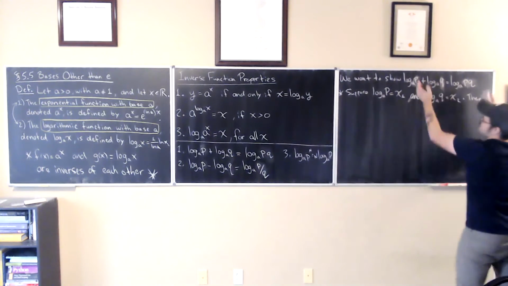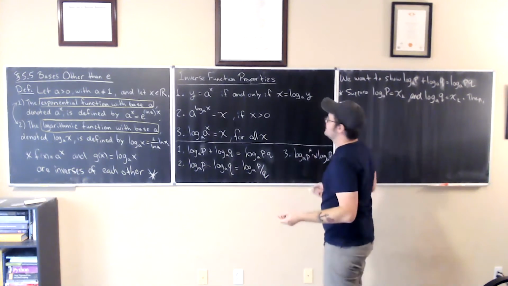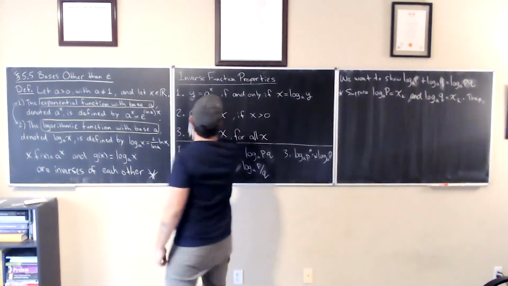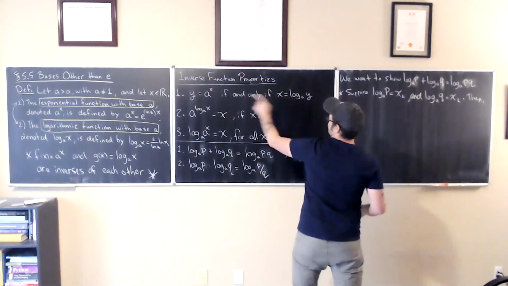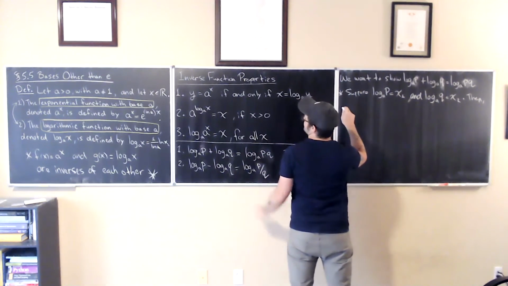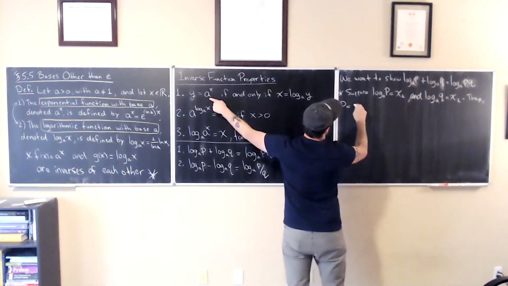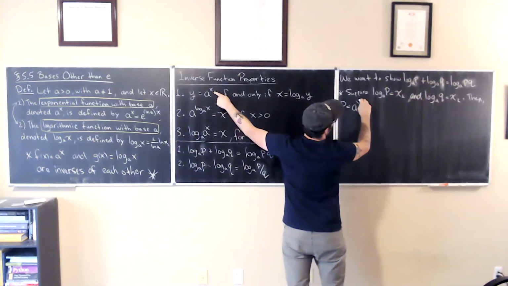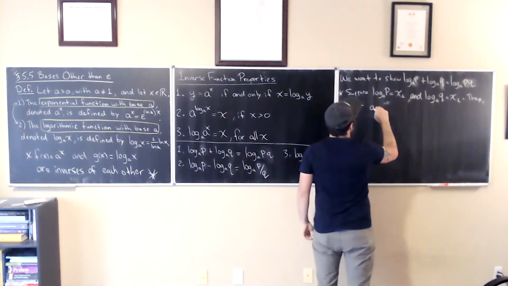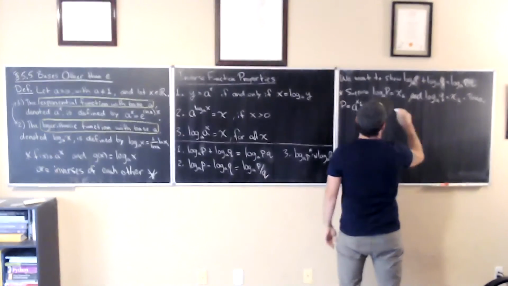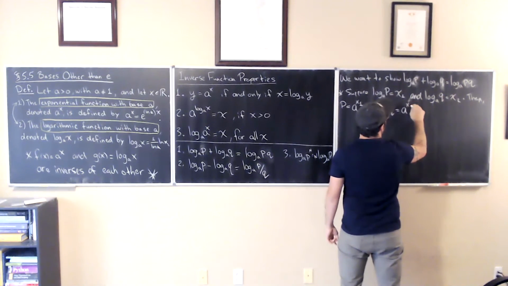Now we're trying to show this equation is true. We have this and we have this. All we really have to use is the definition of the inverse. So that's true if and only if that's true. So we have our P here, which is like the Y. So then P is equal to A to the power X1, and Q is equal to A to the power X2.